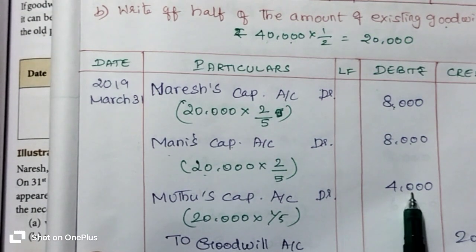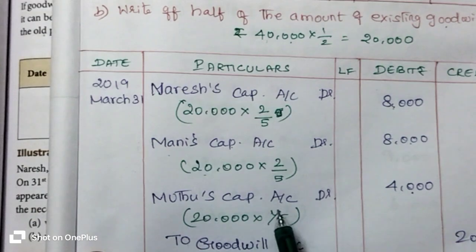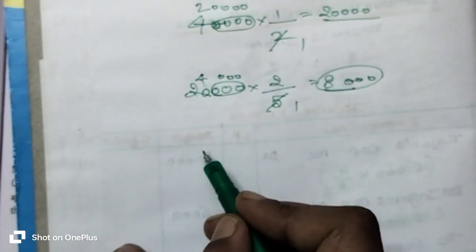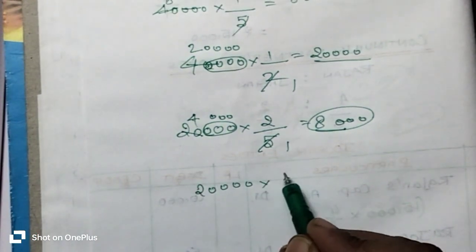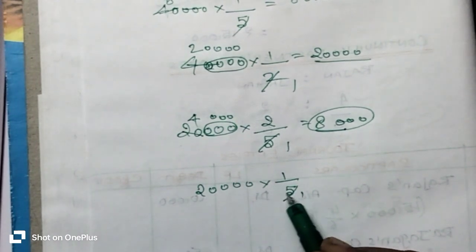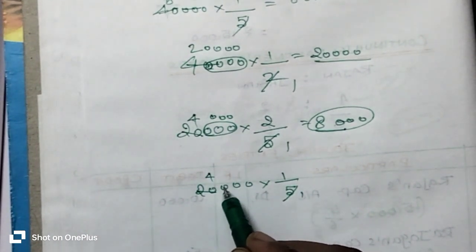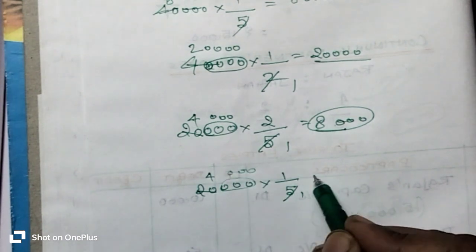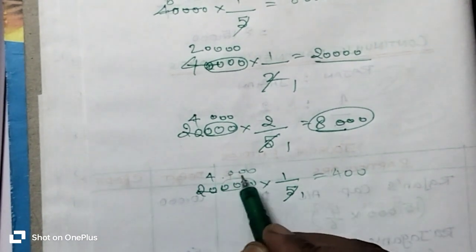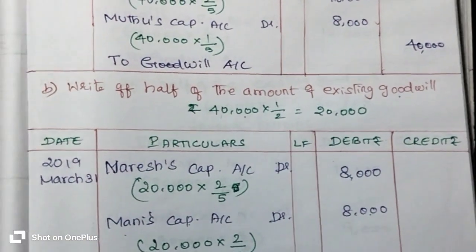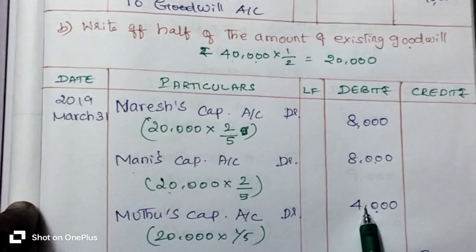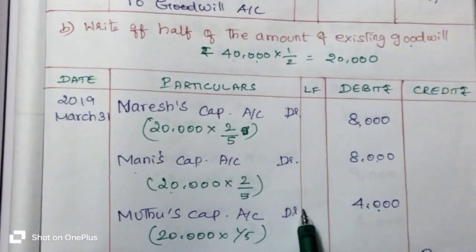How can 4,000 rupees be transferred to Muthu's capital account? 20,000 into 1/5: 5 fours are 20, then add three zeros. So 4,000 into 1 is 4,000 rupees goodwill transferred to Muthu's capital account.